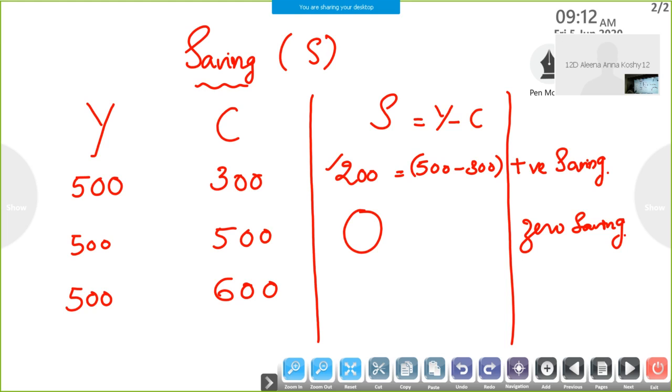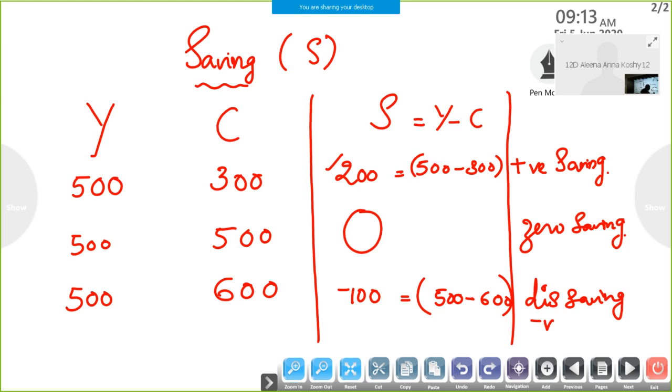This is simply an example I am saying. 500 income, level of consumption is 600. What is saving? Income minus consumption. What is the answer? Minus 100. So this situation we can write as dissaving or negative saving. These are the three situations of saving.